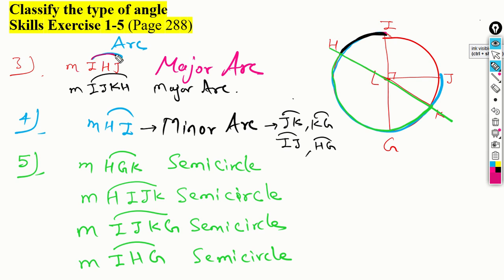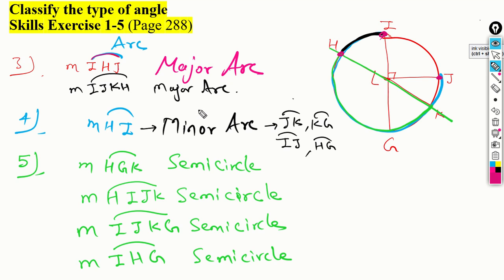This sign stands for arc, IHJ: I, H and J. This is your major arc because this is more than a semicircle, and it is covering most of the circle, the circumference. So this is called a major arc.